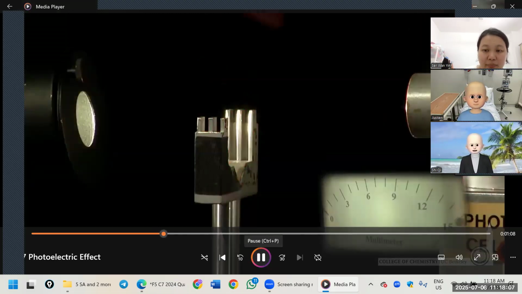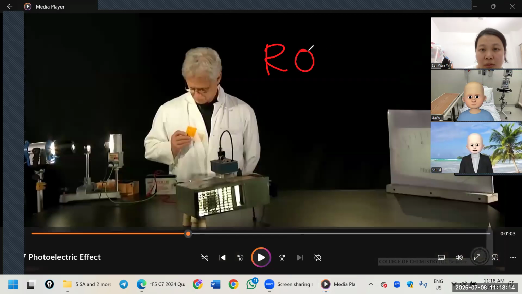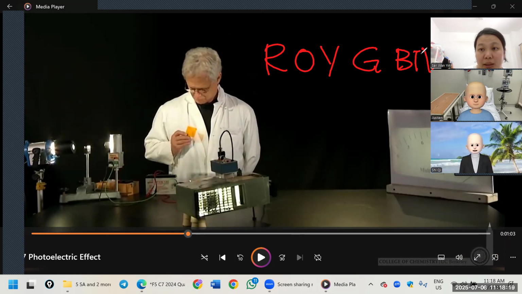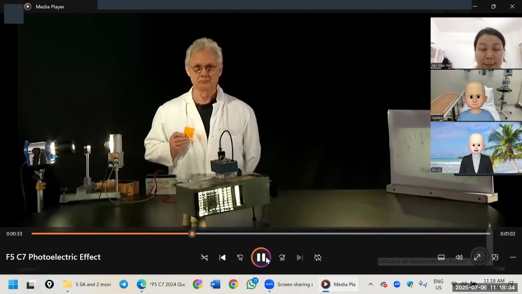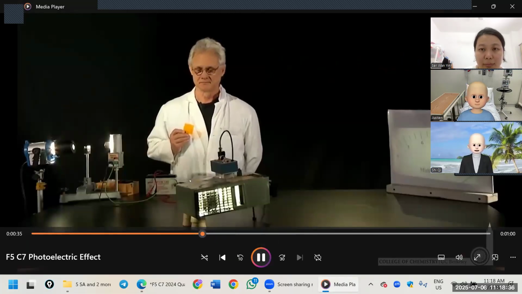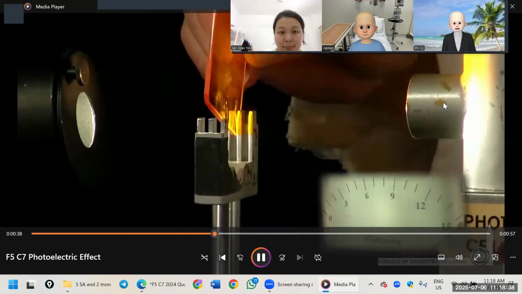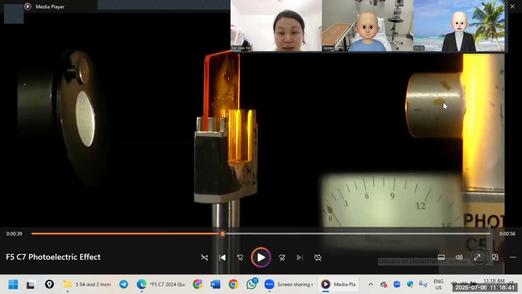If we go to higher energy photons, say yellow light, that's shorter wavelength. So let's recall Roy G. Biv. Must memorize. If you don't memorize, I cannot help you. The red cannot, but now it's yellow or orange, you see. So actually they are increasing the frequency, with shorter wavelength and higher energy photons, they may be able to eject photoelectrons.